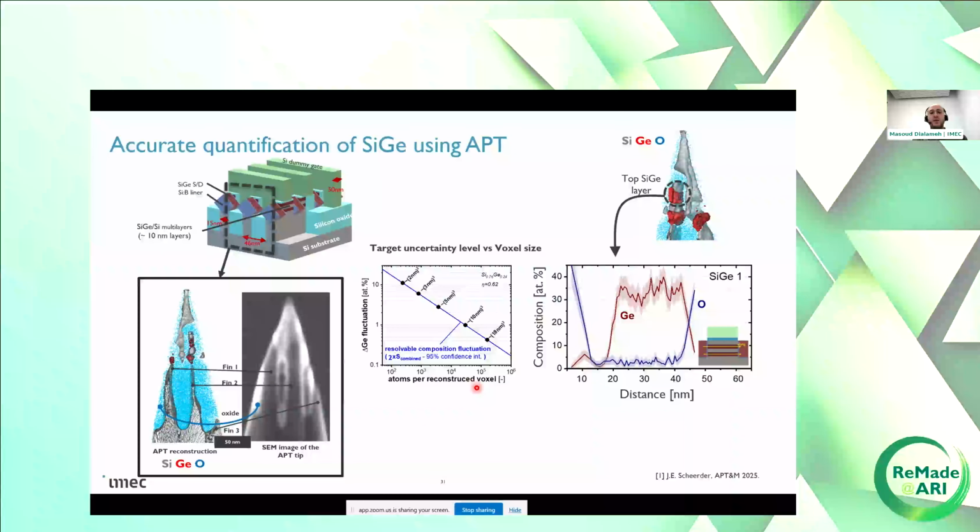Depending on the voxel size we choose, we can already know which fluctuation we should expect. Given the error bar that we have, we can say that we cannot measure any systematic fluctuation of composition within these SiGe layers. Of course, we can also measure the composition locally within this one specific device.